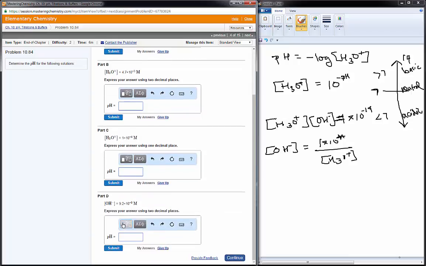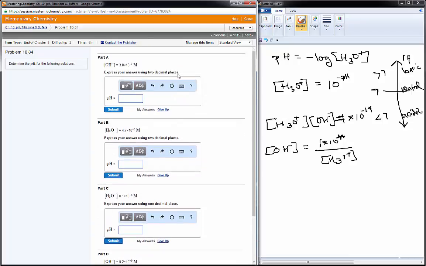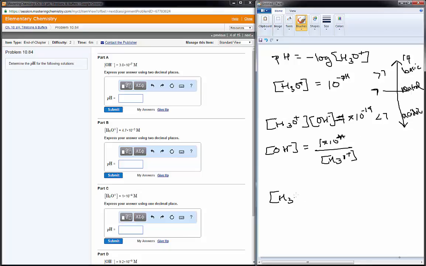Now going back the other direction, if we're given hydroxide, we can calculate H3O plus, and it looks like this. Of course, coming from here, my H3O plus equals 1 times 10 to the negative 14th divided by my hydroxide. And once I have my H3O plus, I can take the minus log to find the pH.